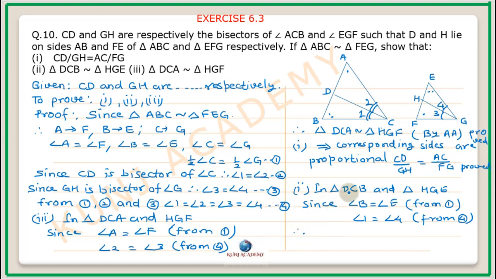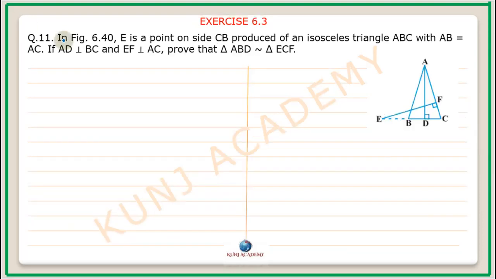Therefore, these two triangles are similar by AA similarity criteria. Second part is proved. First part and third part are also proved.